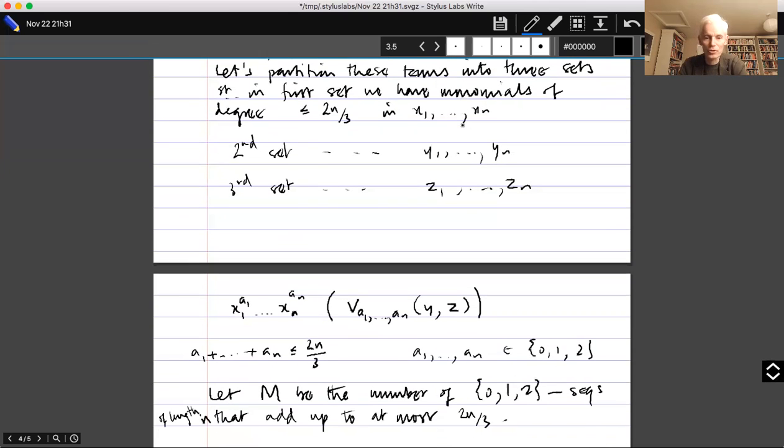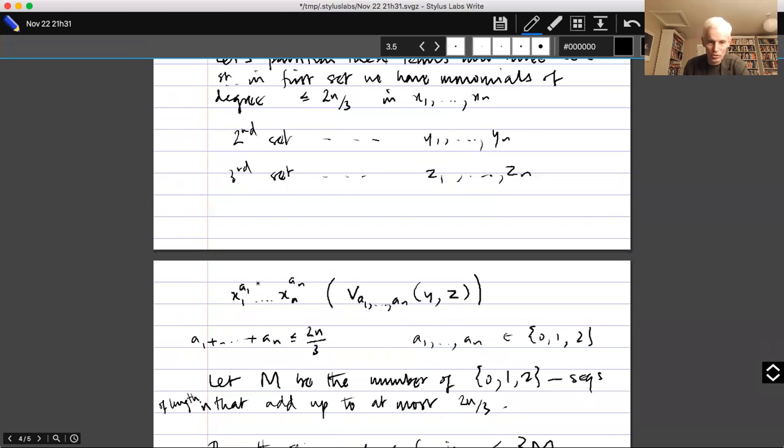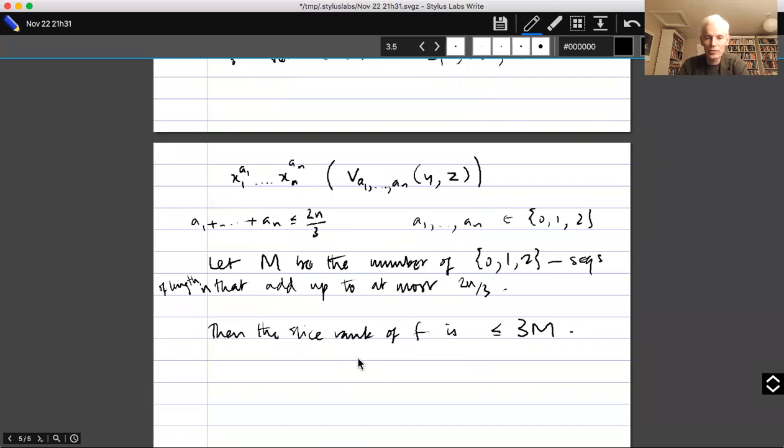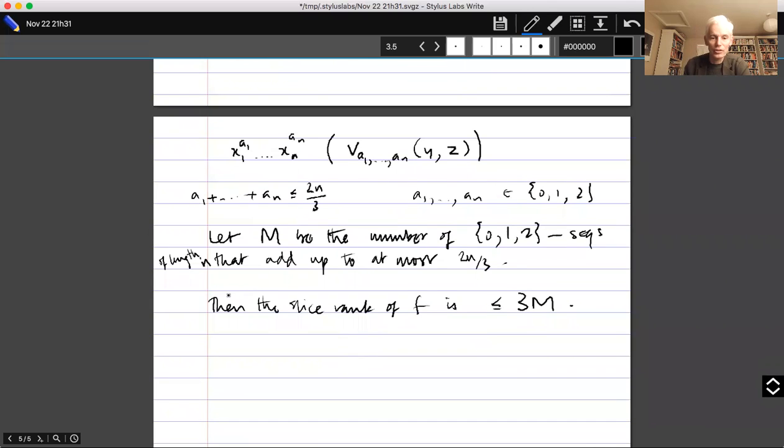And the total number of functions I've got, which are products of functions of one variable and functions of two variables, is at most 3m. So the slice rank of f is at most 3m. And so that tells us that the size of A is less than or equal to 3m. So all we have to do now is establish that m is exponentially smaller.